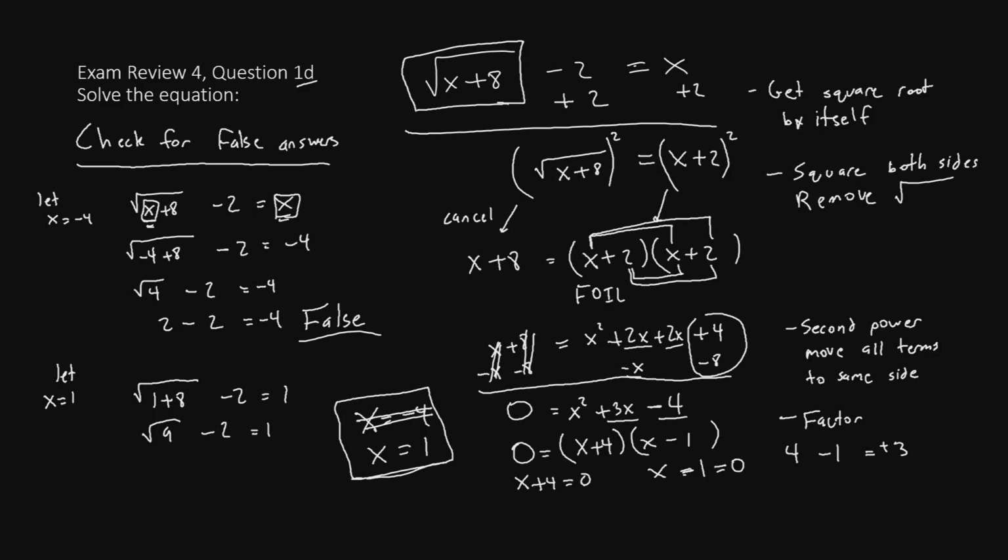So we replace the 1 plus 8 with 9, and now take the square root of 9, that gives 3 minus 2 equals 1. And we know that 3 minus 2 does equal 1, giving us a true statement, which means x equals 1 is the correct answer for this problem.